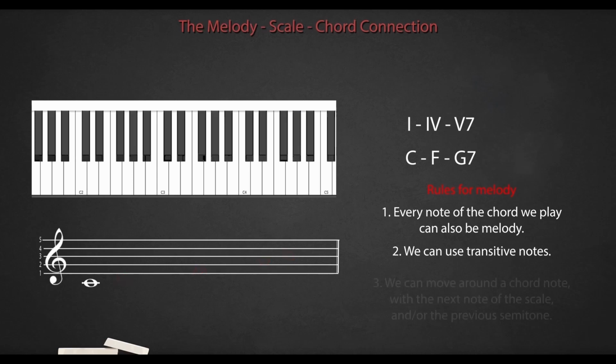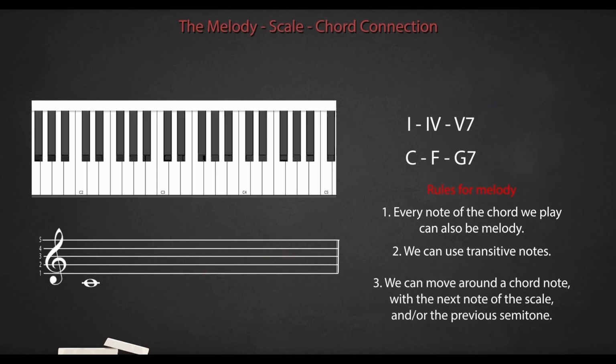The third solution, moving around the note of a chord. C, D, C, C, B, C, or all the way, C, D, C, B, C. We can do these types of moves to make a nice melody. This type of melody always uses the next note of the scale and the note that is a semitone lower.